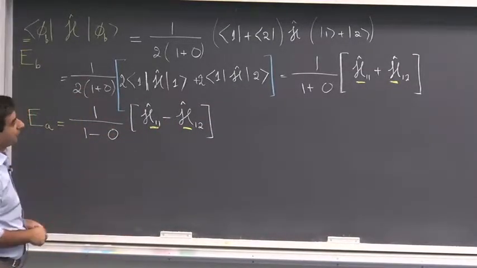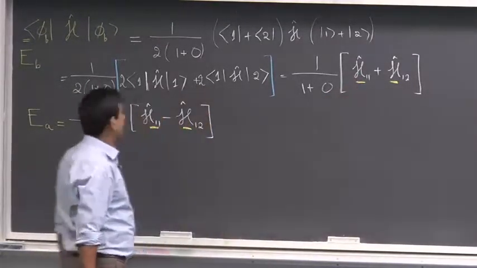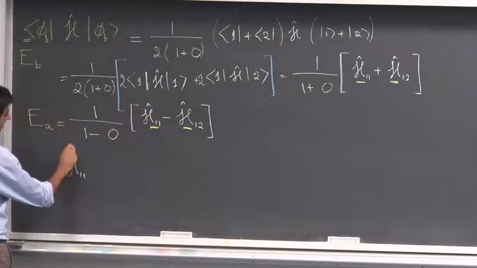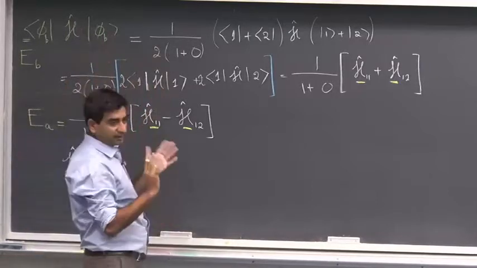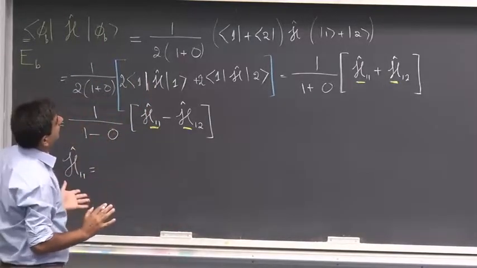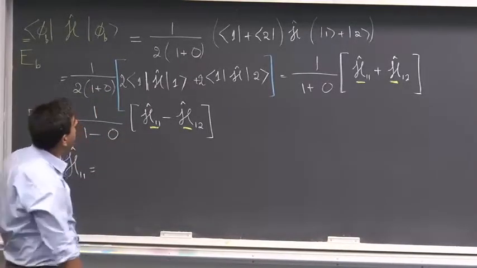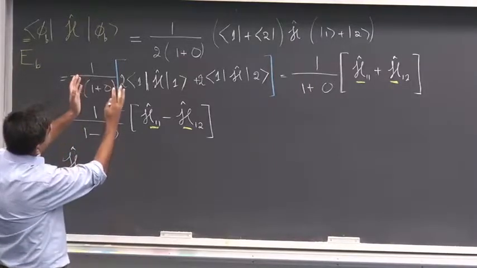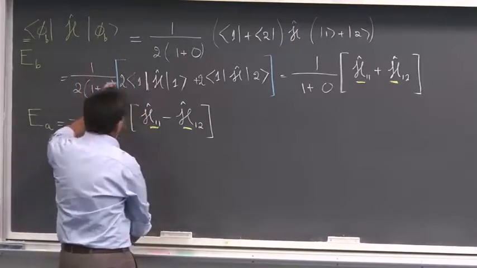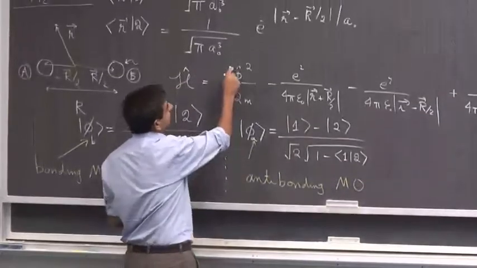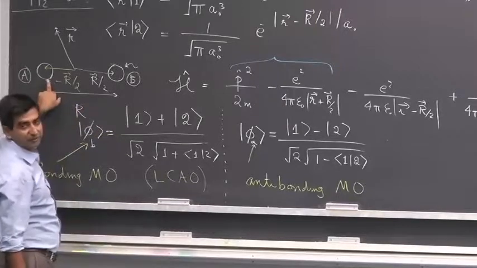Alright, so I know what the Hamiltonian is. Let's first calculate this term, H11. Now I have to sandwich the Hamiltonian between the state 1. If I look at the first two terms in the Hamiltonian, ket 1 is an atomic orbital and it's an eigenstate of those terms, because they just represent the atomic Hamiltonian when the electron is associated with this nucleus.